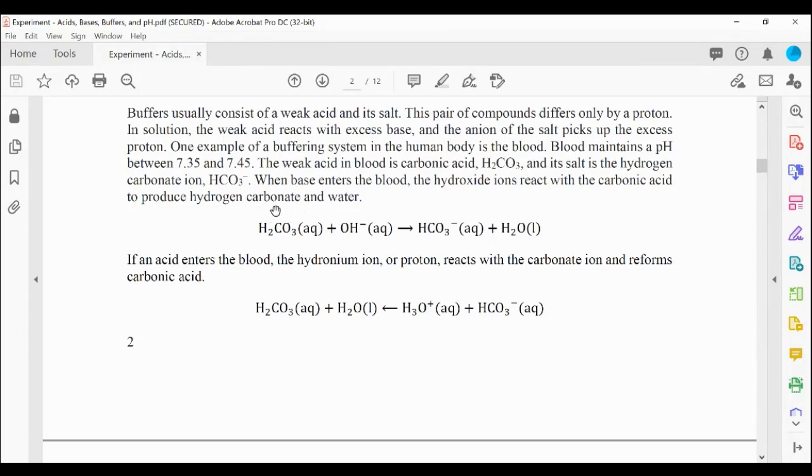So look at here, H2CO3. And look at the conjugate base. It's only missing one proton. The H2CO3 lost one proton, and that is the only difference. So a buffer is just the acid and the conjugate base, and the difference is just by one proton.